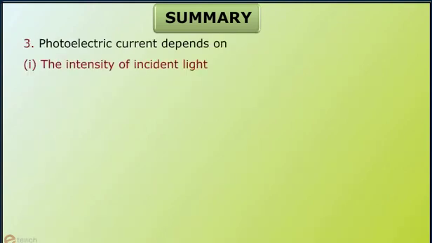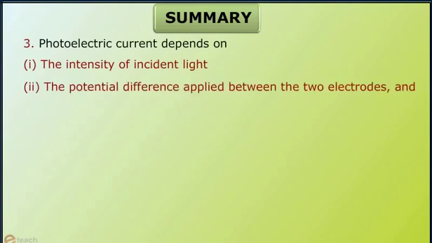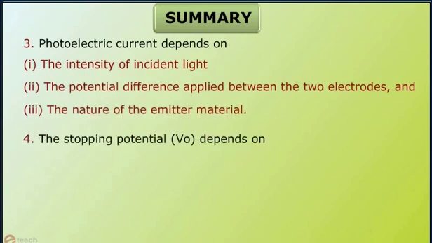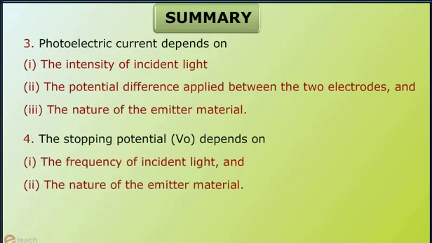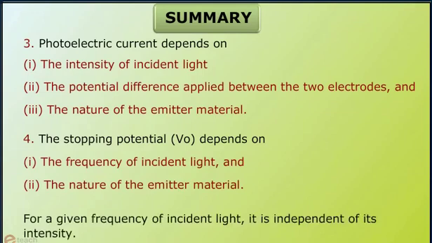Third, photoelectric current depends on the intensity of incident light, the potential difference applied between the two electrodes, and the nature of the emitter material. Fourth, the stopping potential V0 depends on the frequency of incident light and the nature of the emitter material. For a given frequency of incident light, it is independent of its intensity.